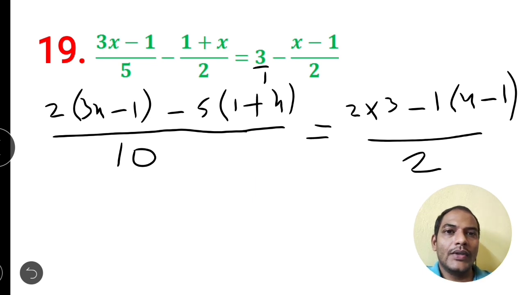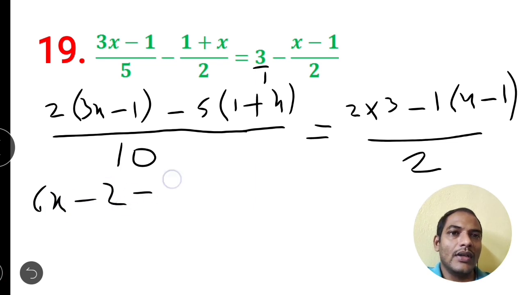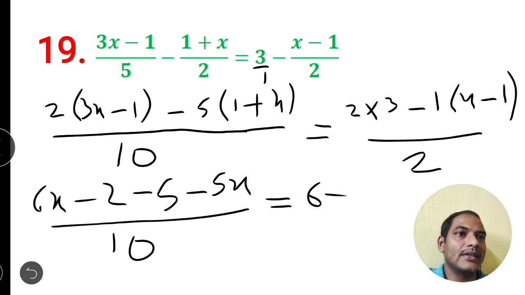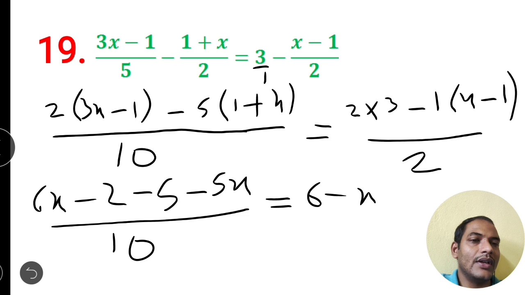Now 2 into 3x, 2 3s are 6x, minus 2, minus 5 into 1 is minus 5, minus 5 into x is minus 5x, divided by 10 equals 2 3s are 6, minus 1 into x is minus x, minus 1 into minus 1 is plus 1, divided by 2.